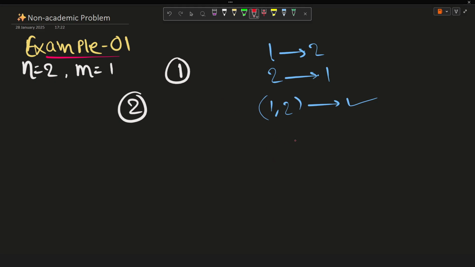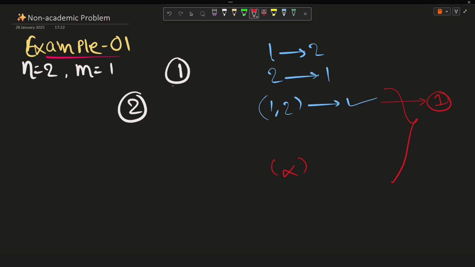So initially we were getting one pair, but now since we will not be able to go from any node to any other node, we can say now we don't have any pair of vertices, because 1 comma 2 represented that we can go from 1 to 2 or from 2 to 1, right?